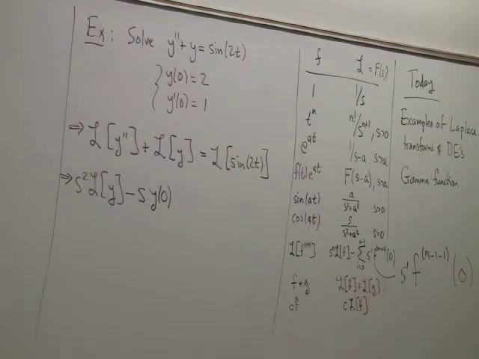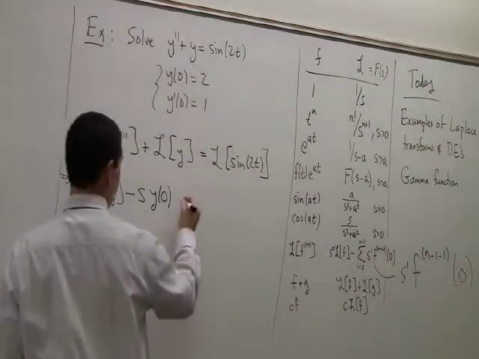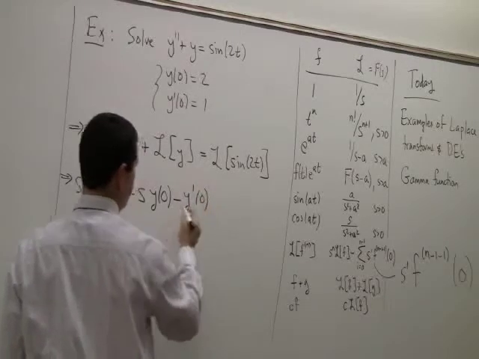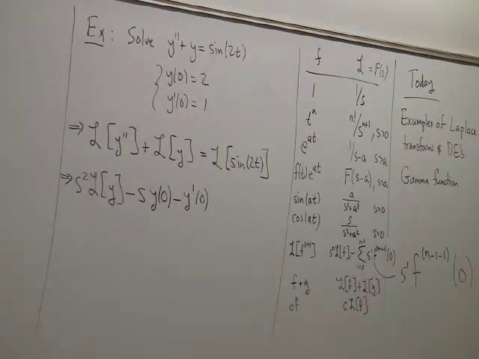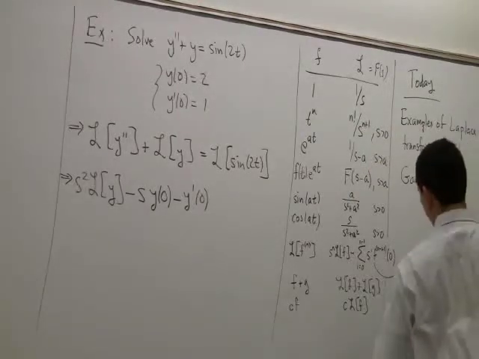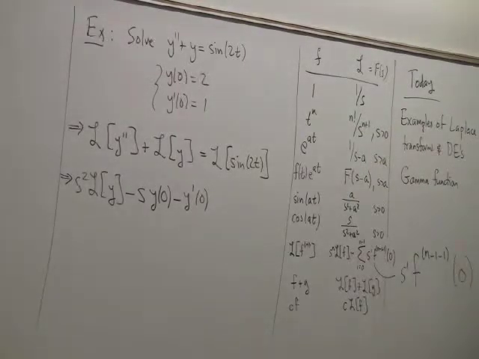And then what's the last term? Y prime of 0. Let's see. Does this match our formula, or did we mess up our formula?